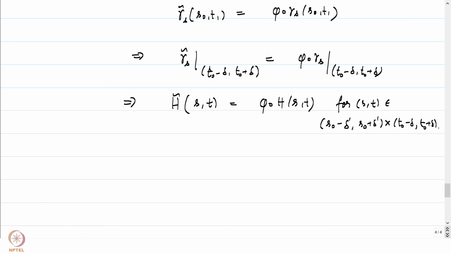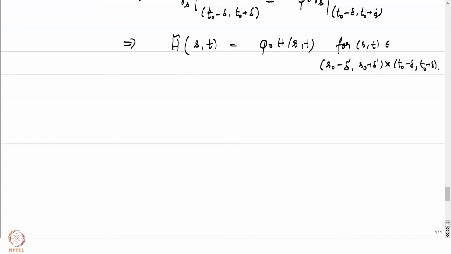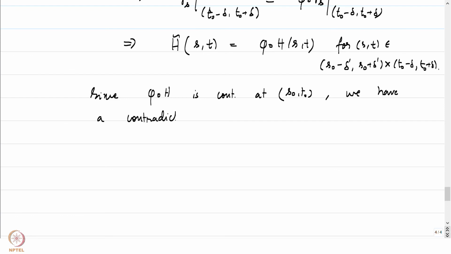But that's a contradiction. What is the contradiction? The contradiction is that we had assumed H tilde to not be continuous at S0 comma T0, but the thing on the right, phi composed with H, is a continuous map. Since phi composed with H is continuous at S0 comma T0, we have a contradiction, and therefore H tilde should necessarily be a continuous map.